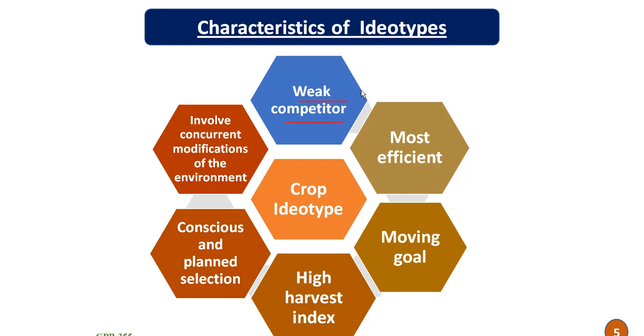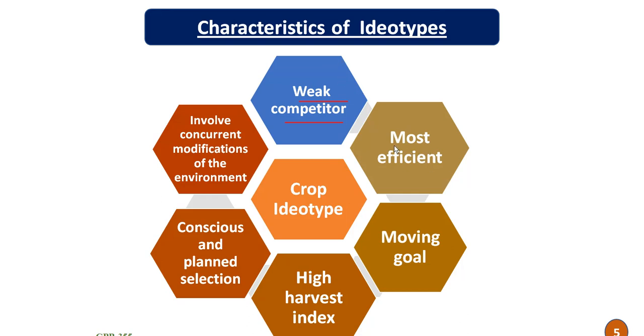This concept of weak competitor is central to the crop ideotype. An ideotype performs relatively poorly in isolation and is a poor competitor with other genotypes. So the ideal characteristic of a crop ideotype is that it should be a weak competitor.